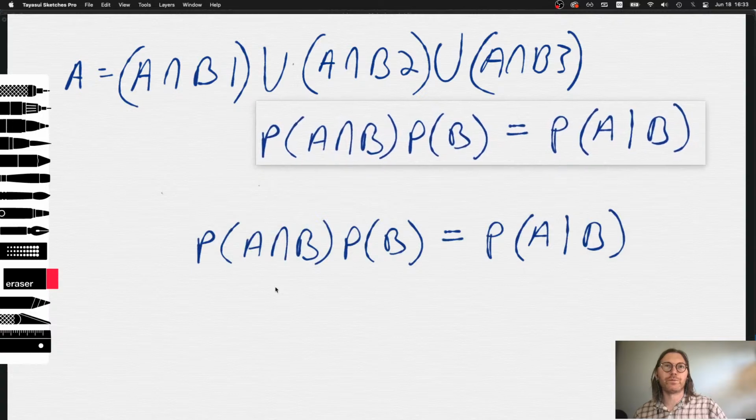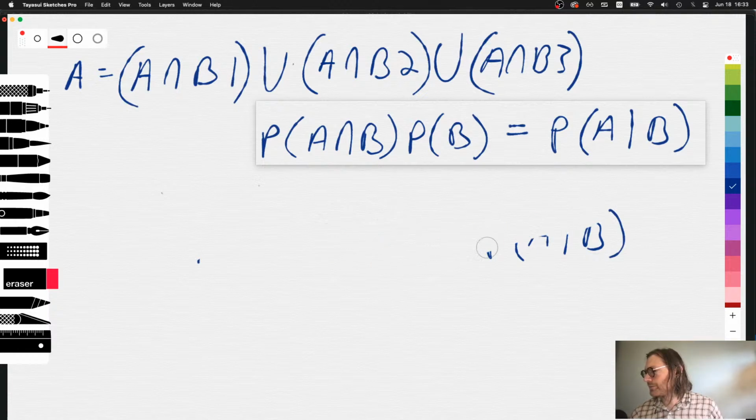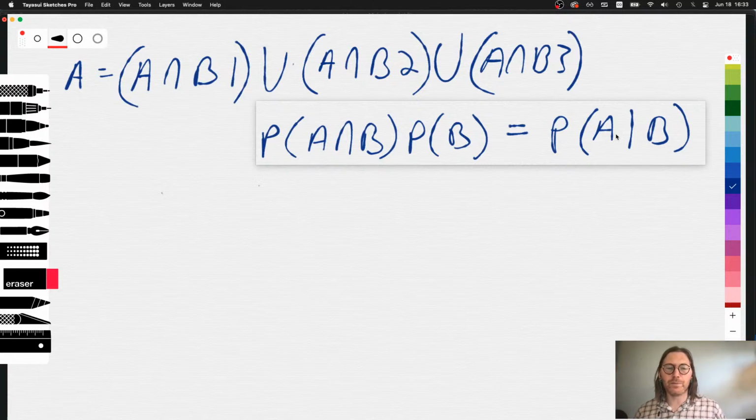So let's do that. If we're considering the probability of A given B, we can recompose this pretty easily at this point.